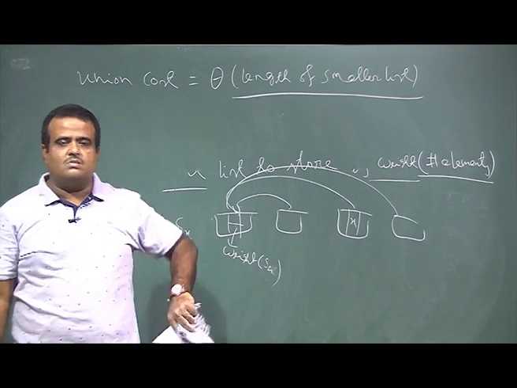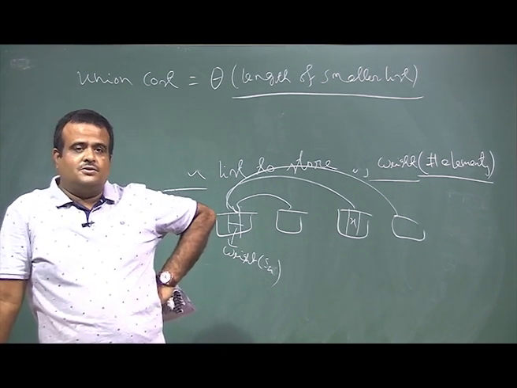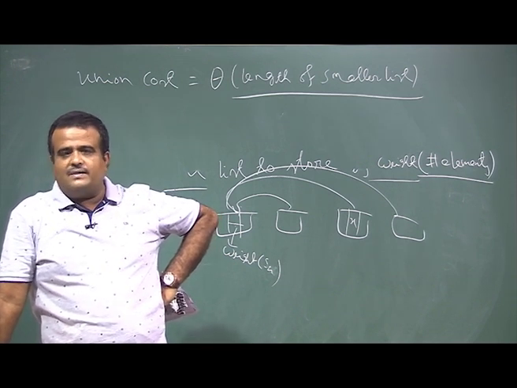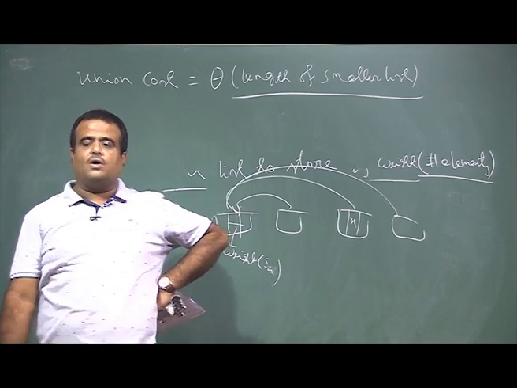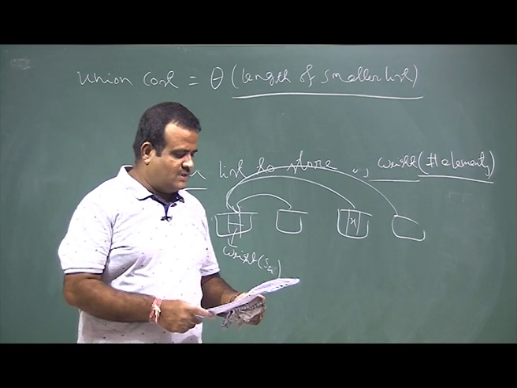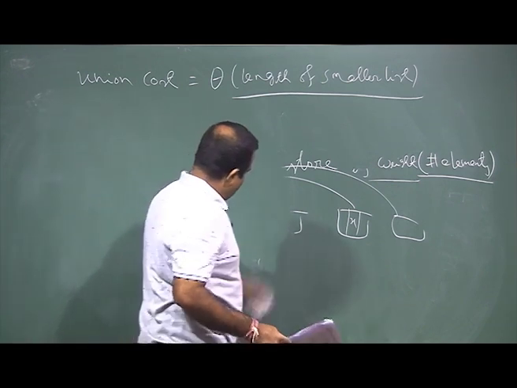Now we have to go for amortized analysis to show the average cost is log n.